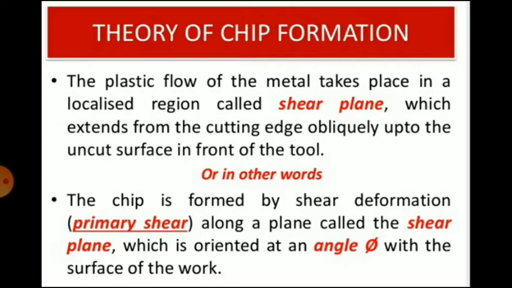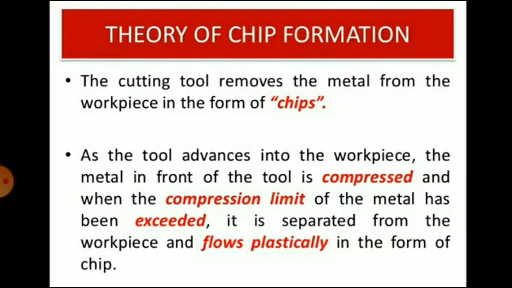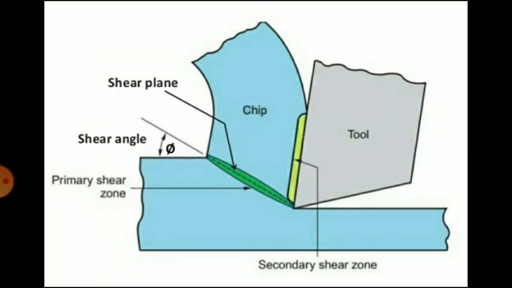In other words, the chip is formed by shear deformation, called primary shear, along a plane called the shear plane, which is oriented at an angle phi with the surface of the work. That phi is the shear angle shown in the diagram. The dotted line from the point of the tool to the uncut surface is called the shear plane, as shown in the diagram.